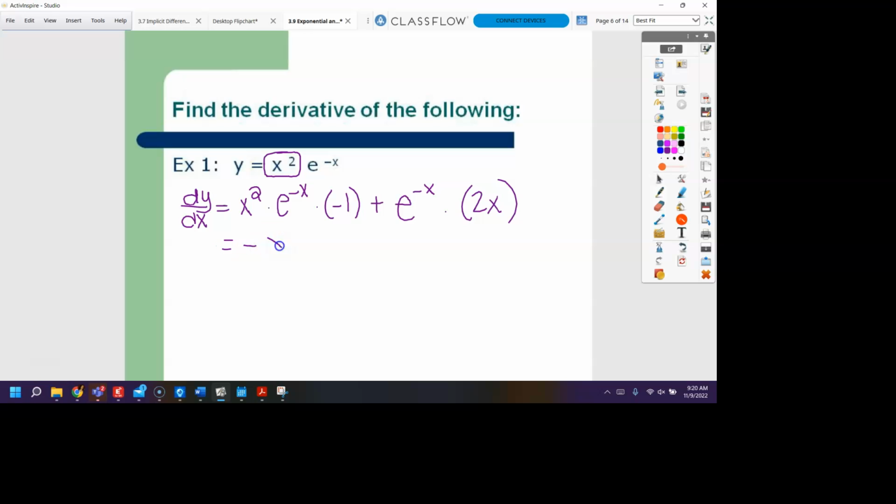So I get negative x squared over e to the x plus 2x over e to the x. Technically, these are like terms with like denominators. So it's really like negative x squared plus 2x all over e to the x.